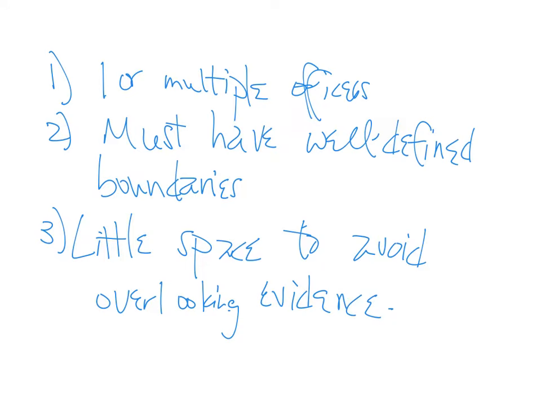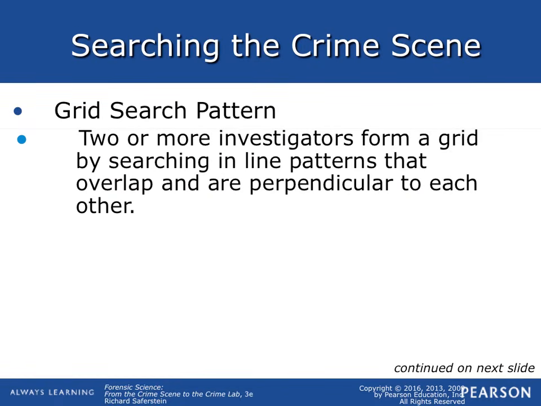So let's move on to our next crime scene search pattern. This one's called the grid. Now, one thing that you should notice off the bat is the fact that it's going to require multiple investigators. Now, many times, people confuse the grid search pattern with the line strip search pattern.